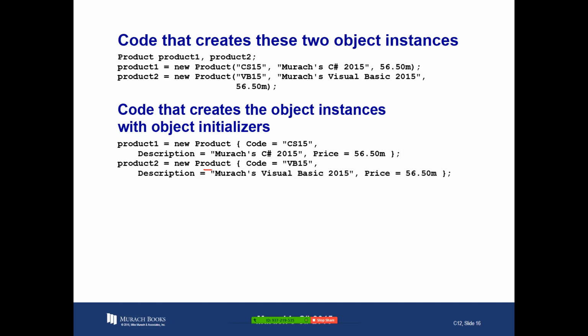Here we're defining two variables, or two objects, and they're product variables. We say that the first one is a new product, and in this case we are using the constructor that allows us to also define the code, the description, and the price.